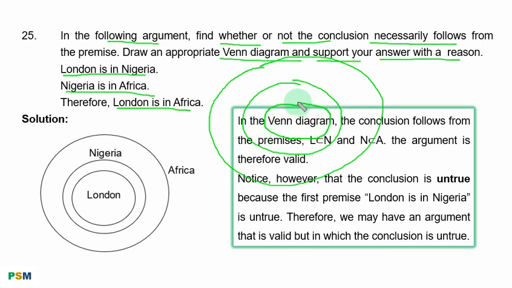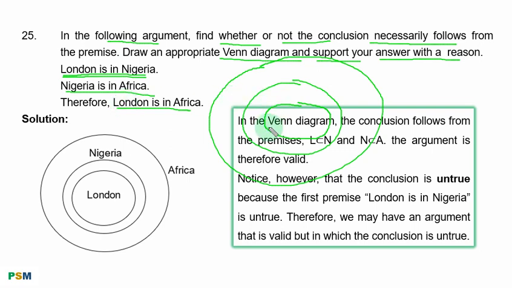Ordinarily, this argument is true following the structure, but because of the first premise, which is not true, the conclusion is untrue as well, because London is not in Nigeria. Assuming London is in Nigeria, you have a valid argument.